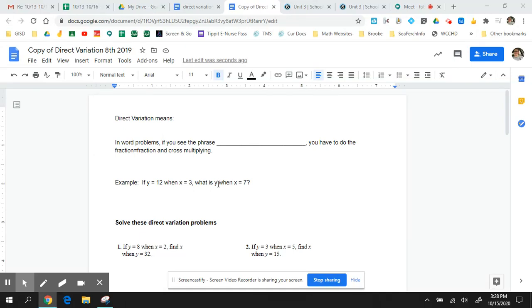Hey everyone, today we are going to look at direct variation and what that means. With direct variation, you are going to multiply and divide in order to figure this out.